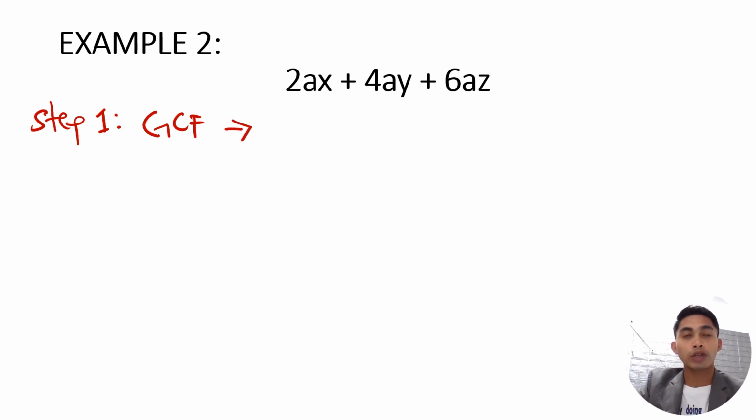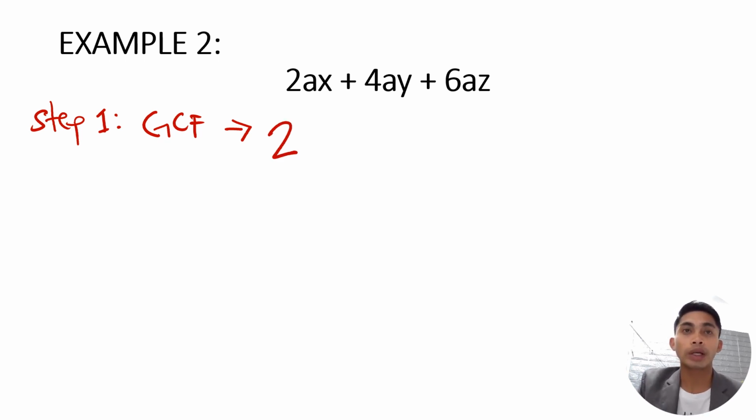In order to find easily the greatest common factor of the given expression, look first for the common factor of our numerical coefficients. The numerical coefficients from the given expression are 2, 4, and 6. I think the common factor of the 3 numerical coefficients is number 2.